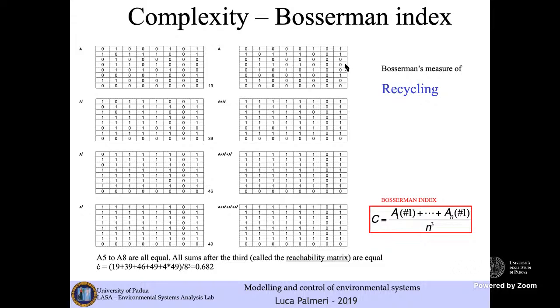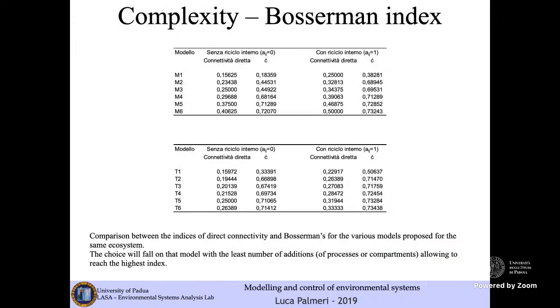So how do we employ the direct connectivity or the Bosserman cycling index in order to evaluate the complexity of a model? If we make a table for these indexes computed for the models M1 to M6 and T1 to T6 as presented before, we may have different values of these indicators.